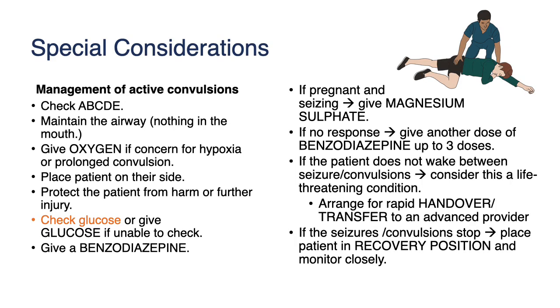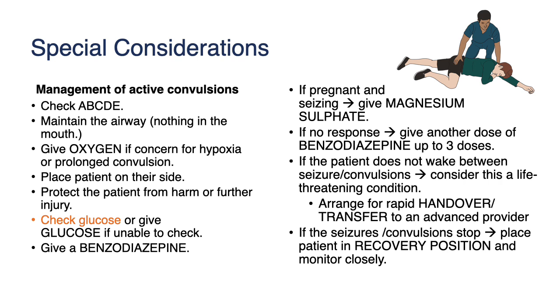Management of active convulsion: always check the ABCDE, maintain the airway patent, give oxygen as needed, especially if the seizure is prolonged. Place the patient on their side in the recovery position, protect the patient from harm or further injury. When you suspect hypoglycemia, give glucose, and if there is suspicion and you cannot check glucose, just give an empirical glucose load.